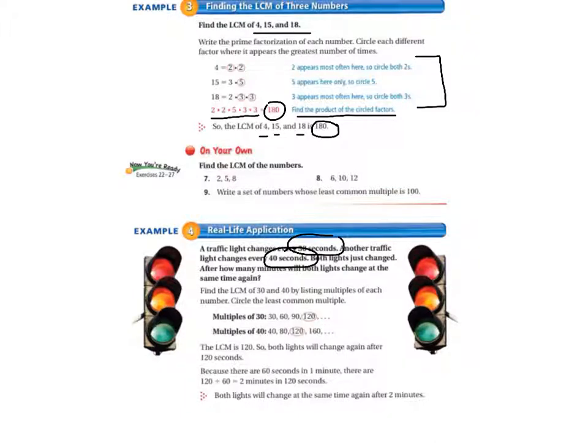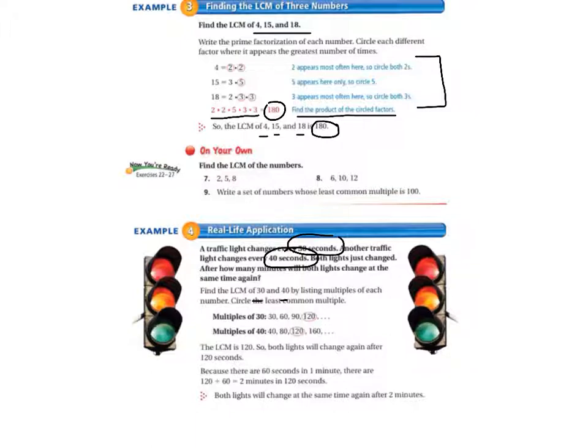Both lights just changed. After how many minutes will both lights change at the same time again? Find the LCM of 30 and 40 by listing multiples of each number and circle the least common multiple.